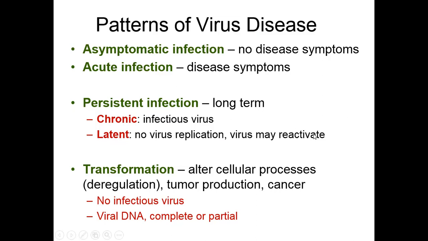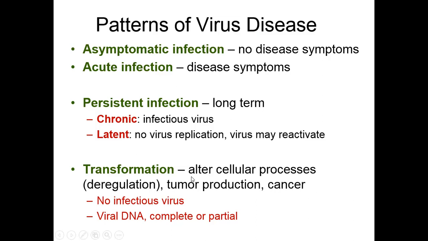If the patient has issues with their immune system, or is so-called immunocompromised, or has hormonal imbalances or other stimuli, the virus becomes reactivated. And lastly is transformation, where the virus modifies or deregulates normal host cell processes.